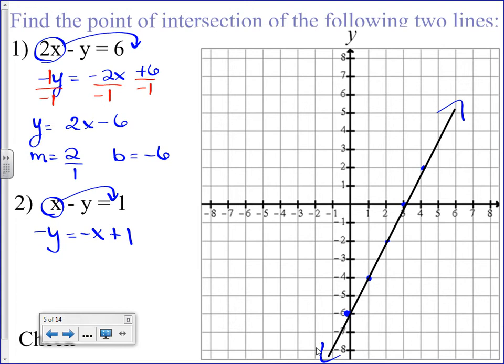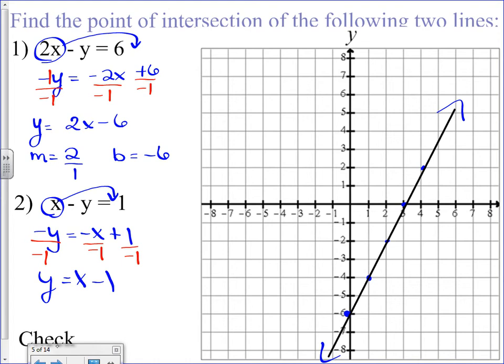Not negative 1. Divide by negative 1, divide by negative 1, divide by negative 1. Valeria, what do I have to do next? Just x minus 1. Positive and a negative give you a negative. Okay.